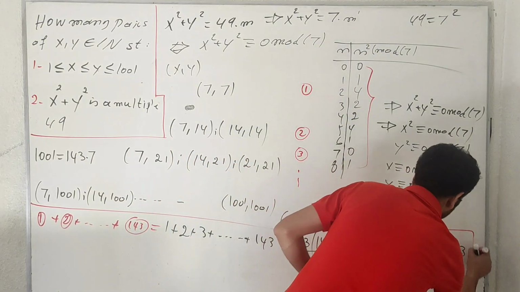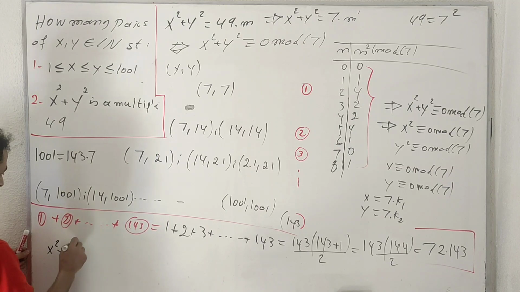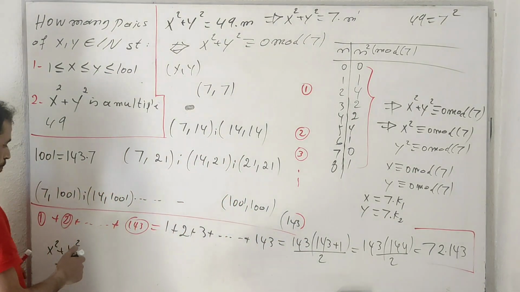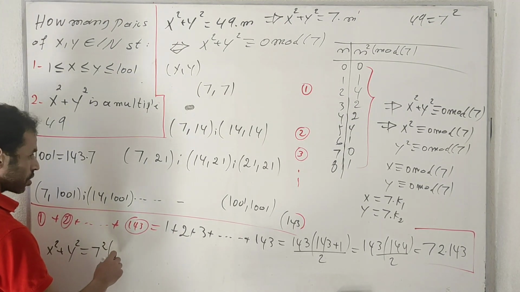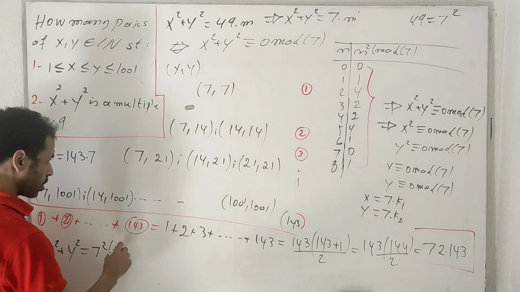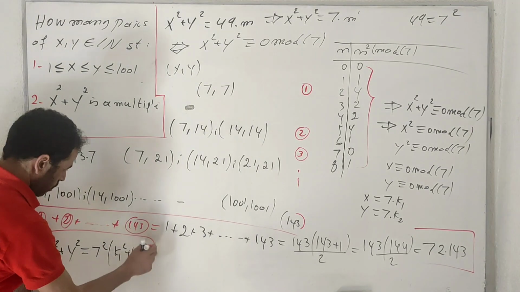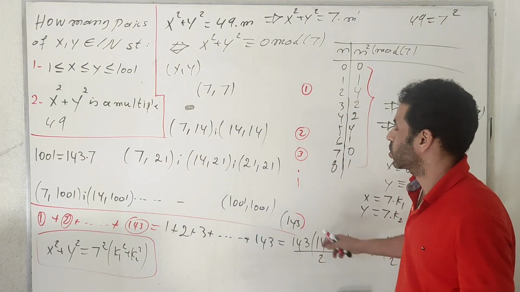This is the number of the solutions that we found. By summing these numbers, x squared plus y squared equals 7 squared multiplied by k1 squared plus k2 squared, like this. Finally, this is the number of the pairs of the solutions that we found.